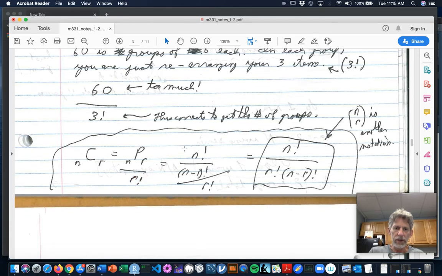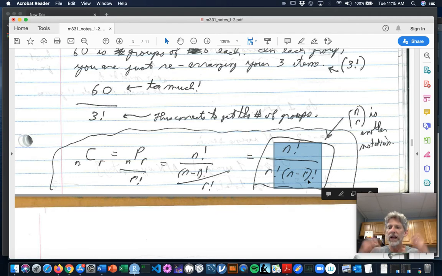And so if you play with the math a bit, here's the permutation formula, n factorial over n minus r factorial. We're dividing by r factorial, and let's just put everything on one denominator, and you get n factorial over r factorial times n minus r factorial. That's another important formula you should memorize. And here, by the way, is a little notation for that quantity.